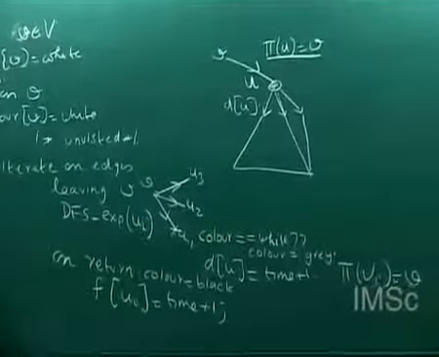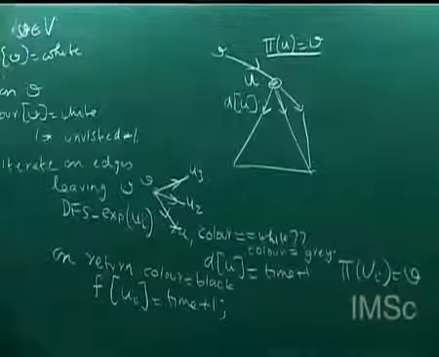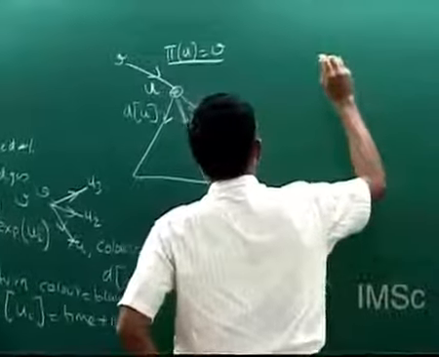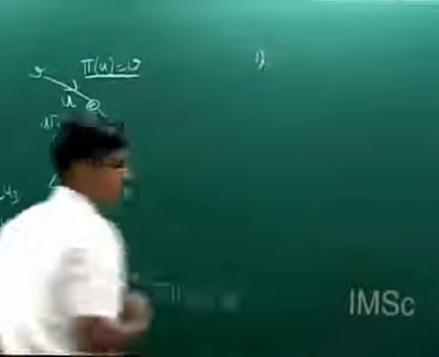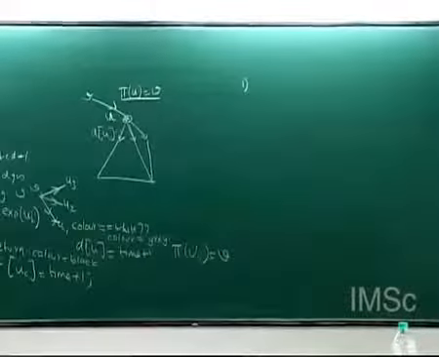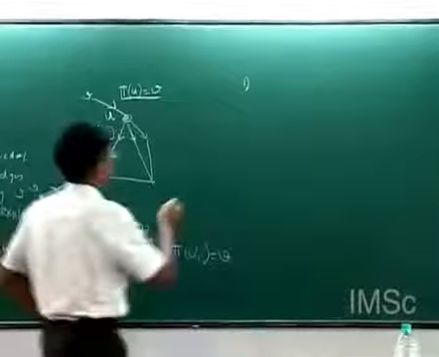Fine. All right. So let us just write some promises that this algorithm makes. The first one is that everything that is reachable from a starting vertex will indeed be colored black. So let us write this down.